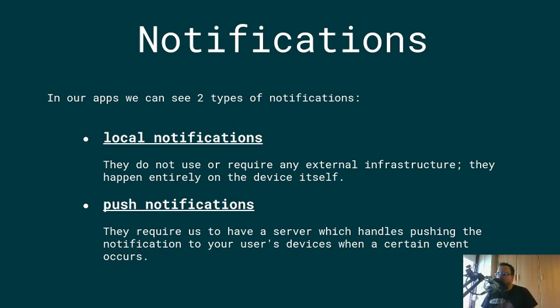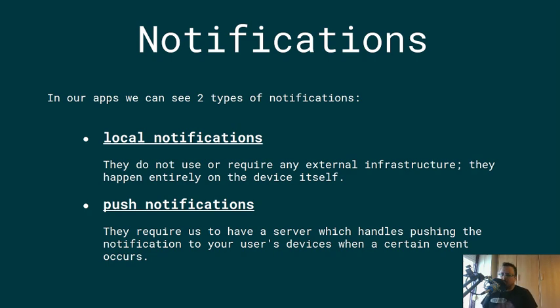Local notifications you don't need anything for, you just need the mobile device turned on and you can make your mobile application throw notifications to the user. Push notifications are more complex because they need a server handling the user ID or device ID to know when to push notifications to that device and manage these things.